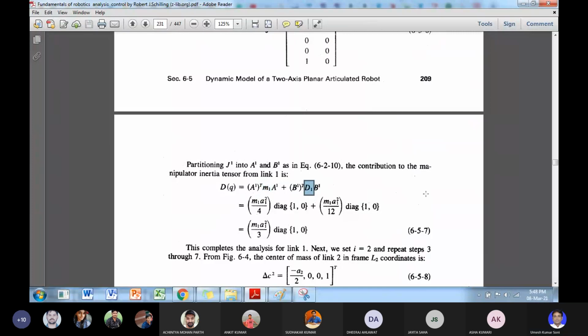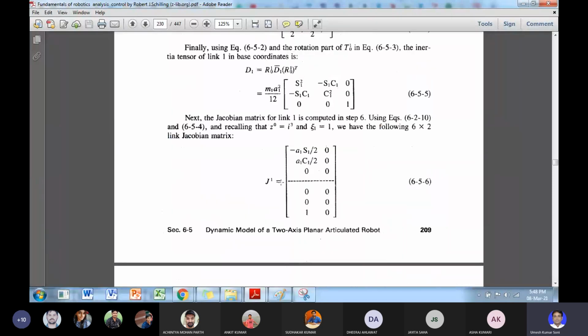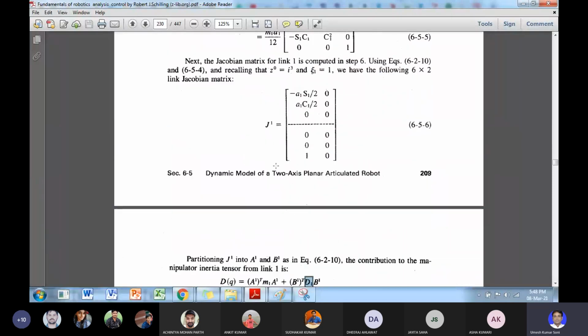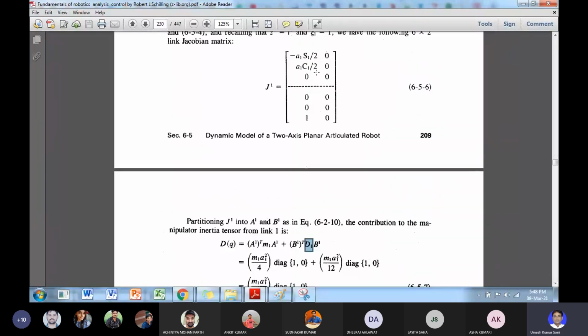So inertia in angular velocity, you have calculated the d1, like here you have calculated the d1 and you have m1, and from the Jacobian matrix you have calculated the A and B matrices. Here this is the A and this is B.